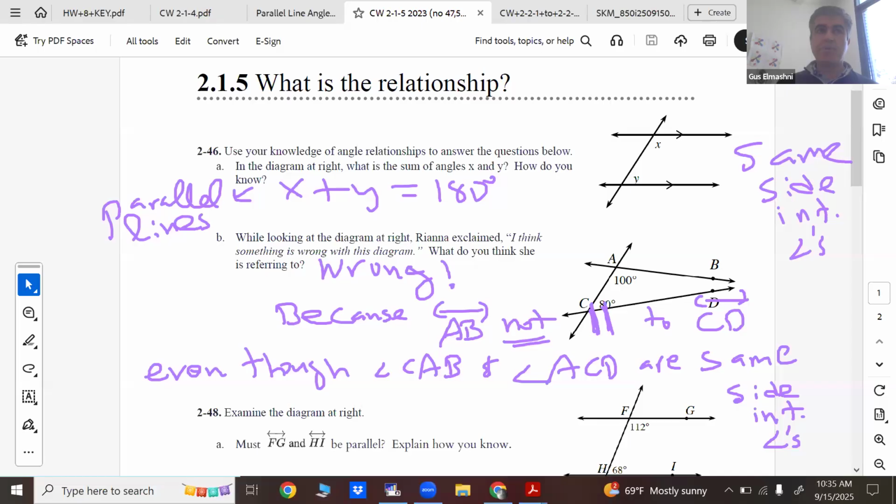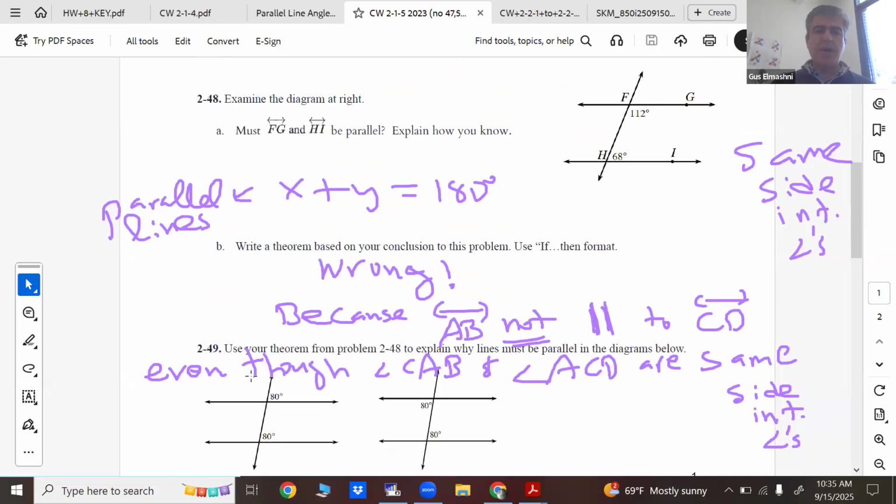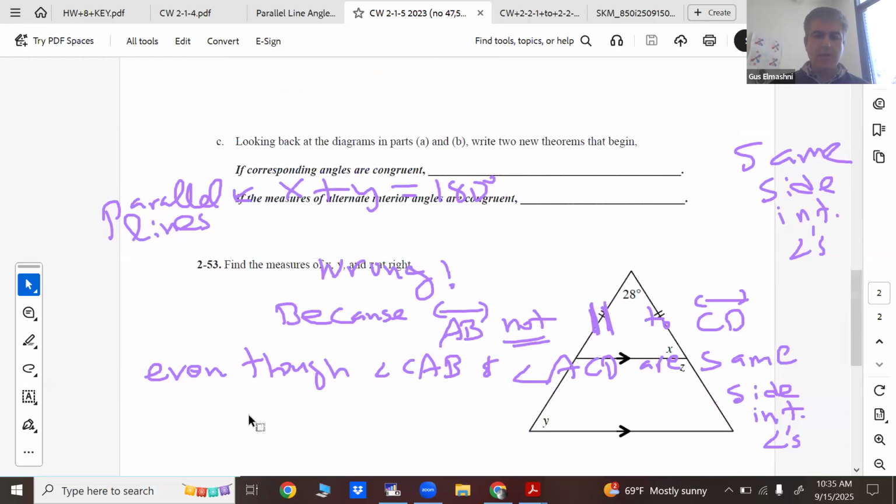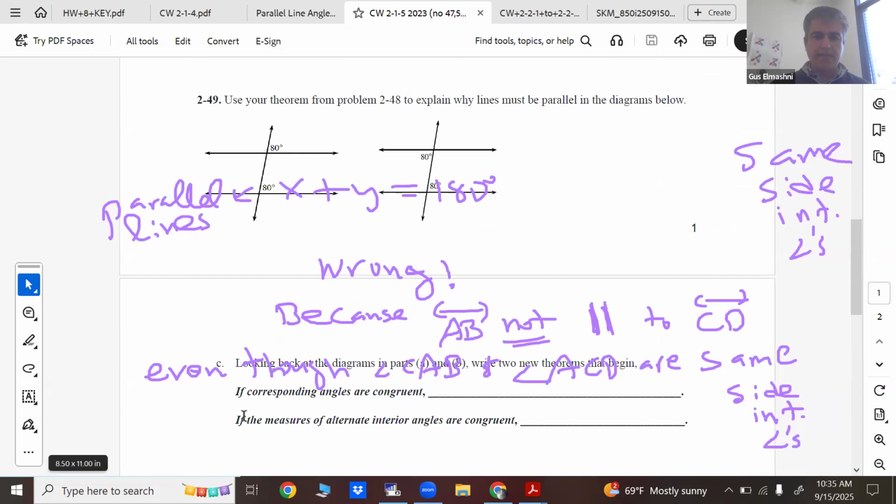I'll freeze the screen because people are still jotting stuff down. And once you're done jotting stuff down, go and try 248 and 249.